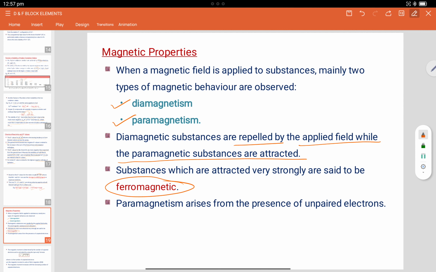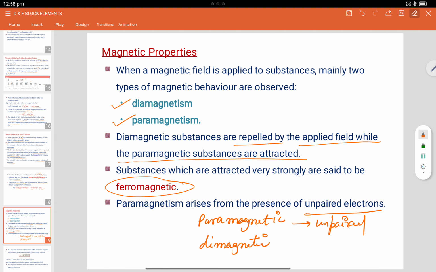Paramagnetism arises from the presence of unpaired electrons. It is very simple. Paramagnetic means unpaired electrons. If unpaired electrons are there, then it is paramagnetic. Diamagnetic substances show repulsion.